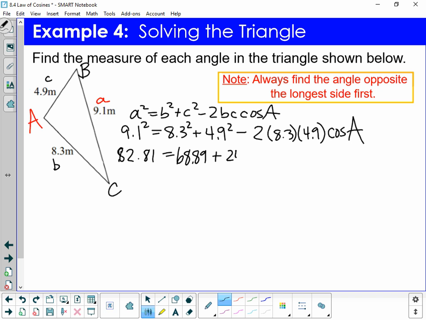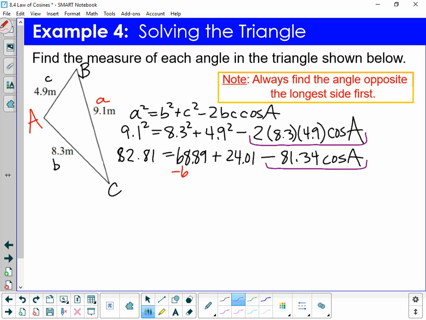That's 24.01. And remember to keep this coefficient with your cosine. So 2 times 8.3 times 4.9 is a coefficient of 81.34 with the cosine A. And remember, that's sticking together like glue. Don't break it apart yet.